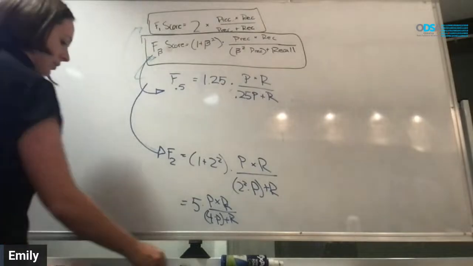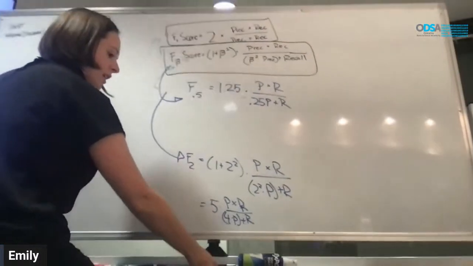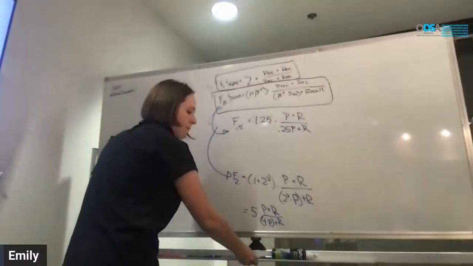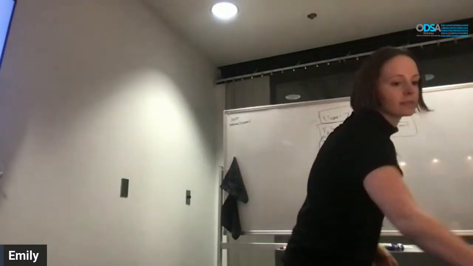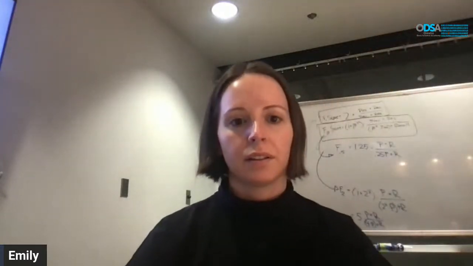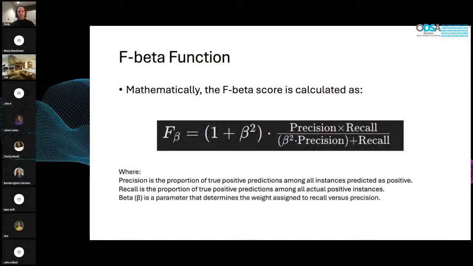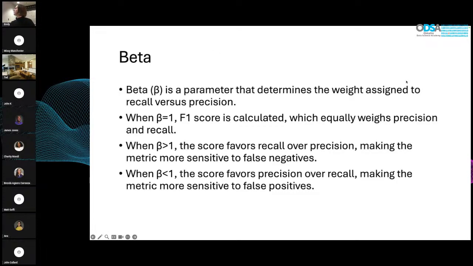Okay, I will switch back to the presentation. I have more slides on this. So you want to get more focused on recall, you're doing that by modifying precision? Yes.